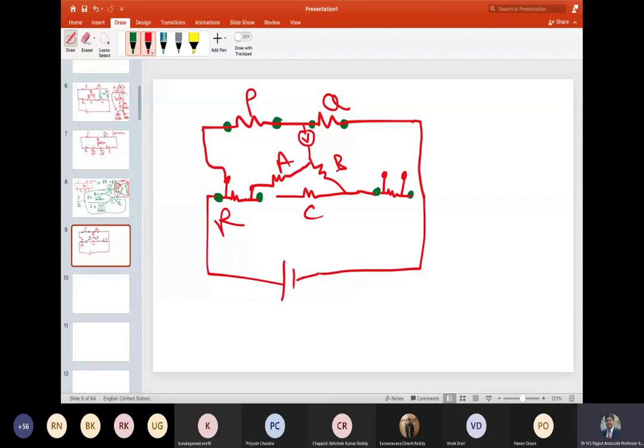I am drawing it once again so that you can clearly see that what we are drawing is still the same. But now we have the 4 terminal bridge or 4 terminal resistors, especially for the low value ones.